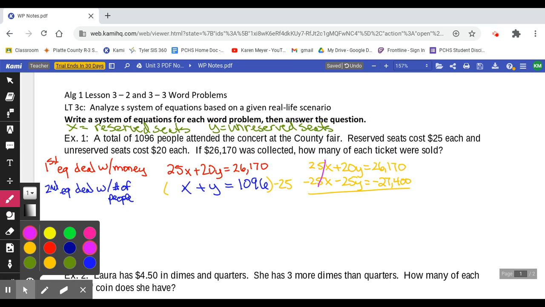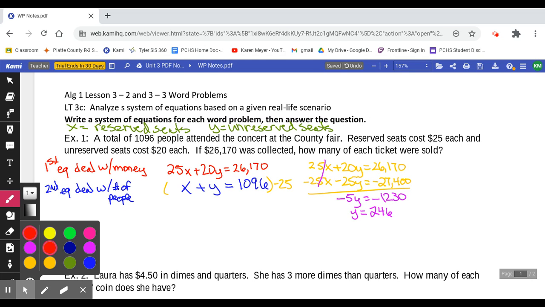Add your columns and your x's go away, bye. And your y's, so I'll get negative 5y equals negative 1,230. Divide both sides by negative 5, and I get 246 people had unreserved seats. So now let's figure out how many had reserved.